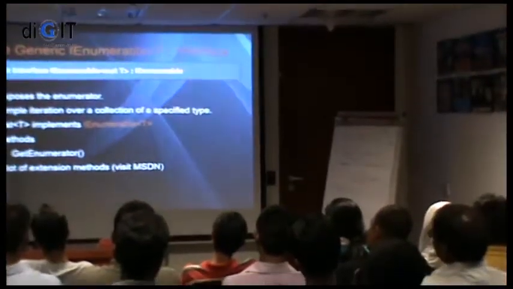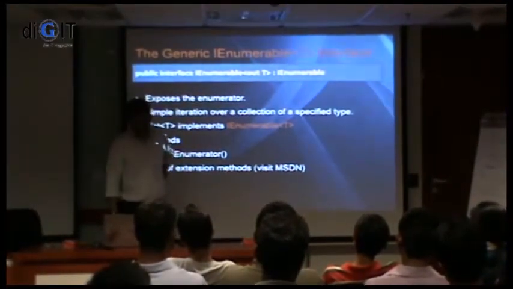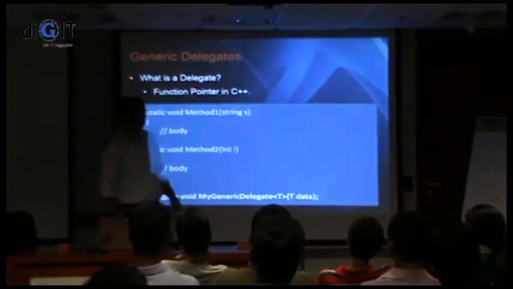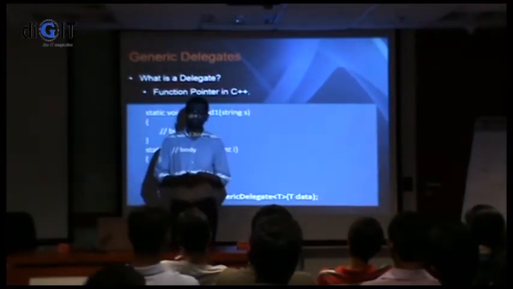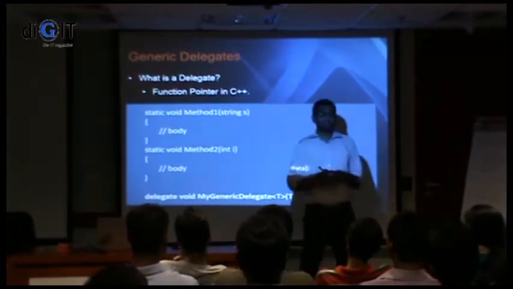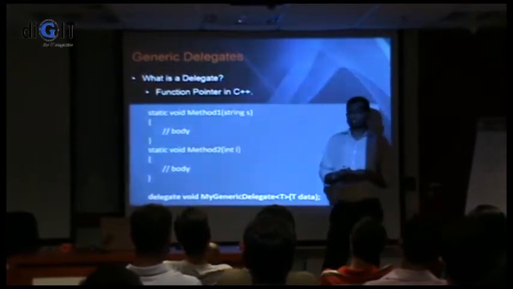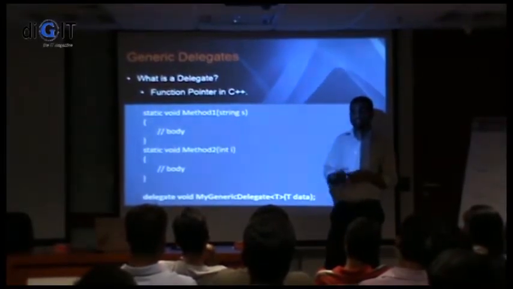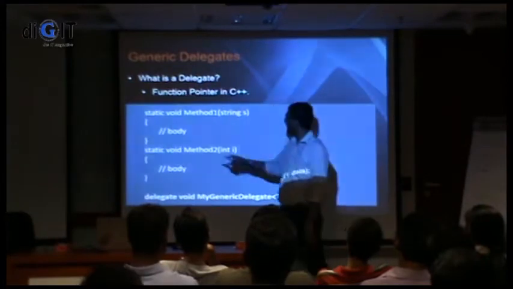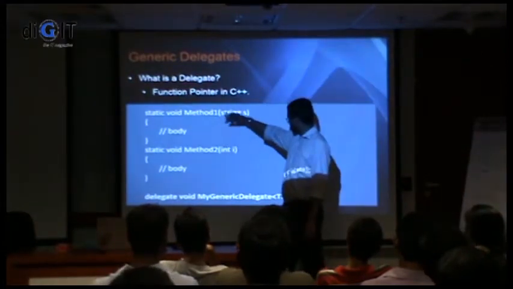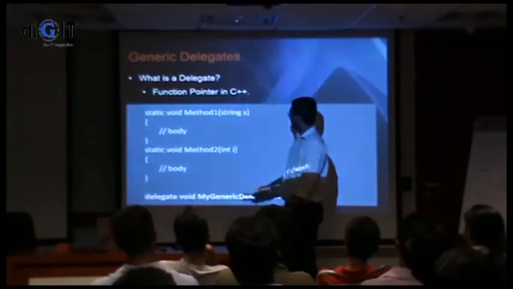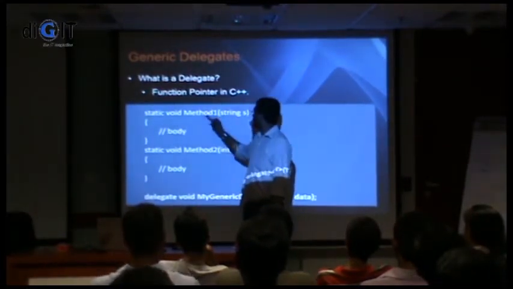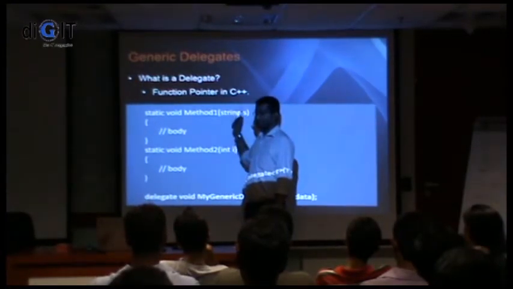Okay, that's great. I'm sorry, I can't give any present for that. So actually, what he told is right. The delegates are function pointers, as in C++, right? The importance of having a delegate is it has the ability to point to any method which has the same signature as the delegate. If I have a delegate, void MyDelegate, which accepts string s, it has the ability to point to this method.